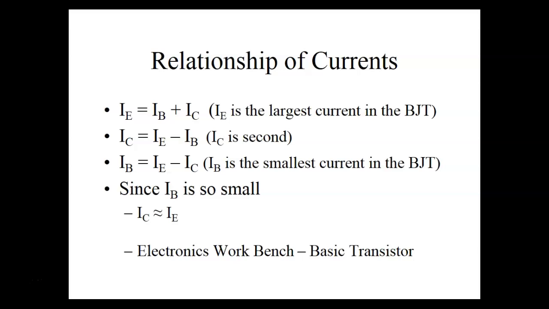But if you see it on a test that says IC and IE are equal, you're going to say false, right? Because they're not. They're approximately equal. And that's what that little squiggly line means right there, right? Why? Because they're so close.